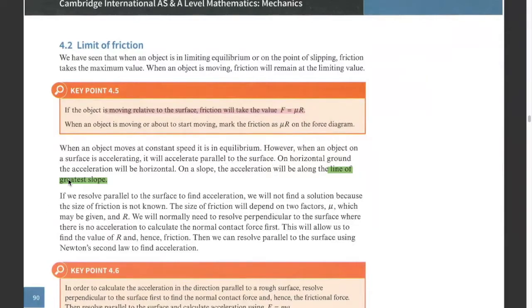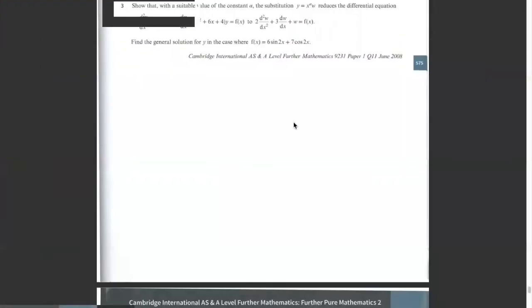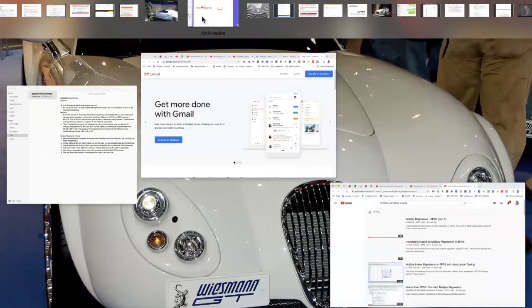Secondly, we will consider the inclined plane. You will always see the phrase, the line of greatest slope. This phrase is going to be very common, so you have to know what it means.